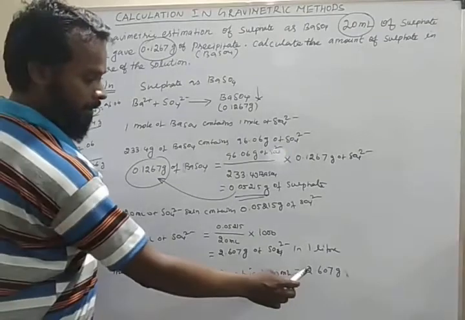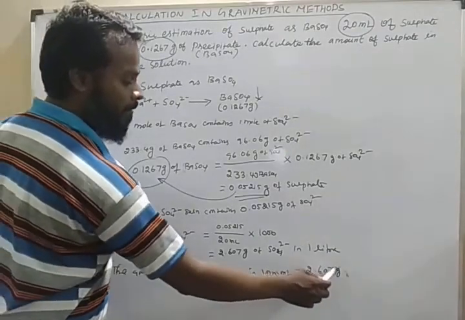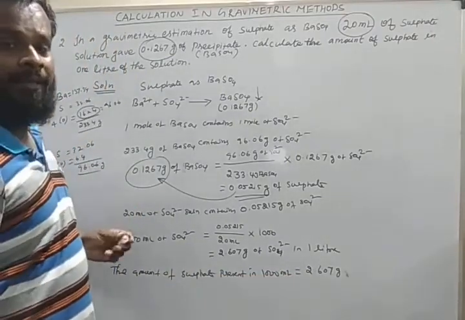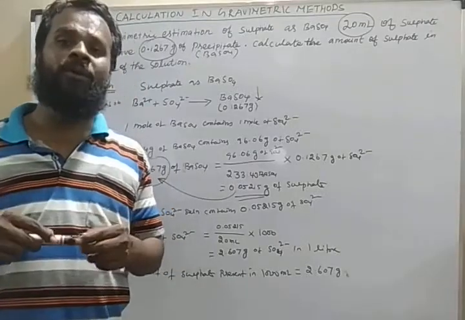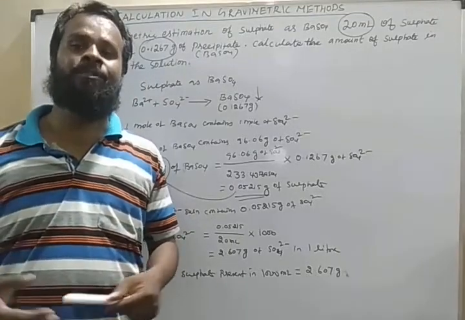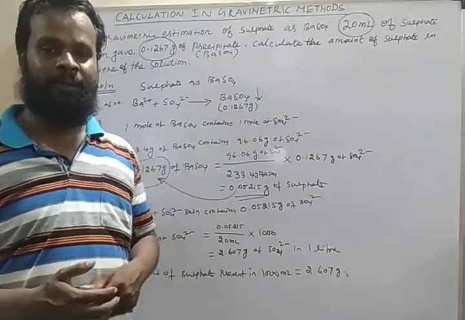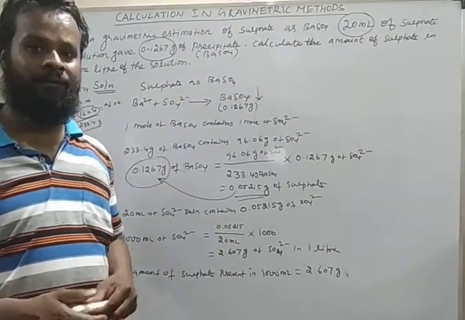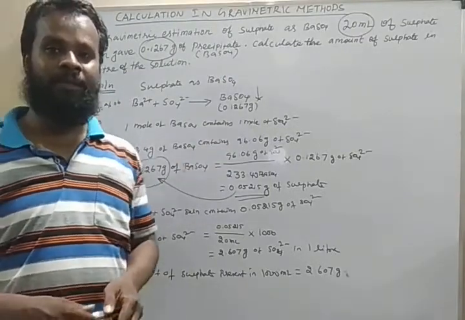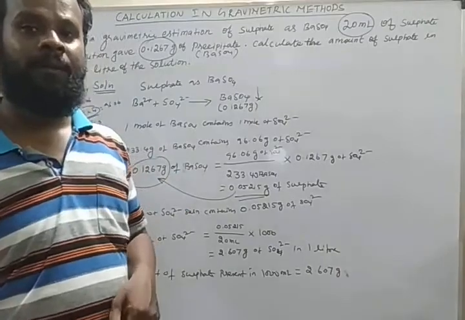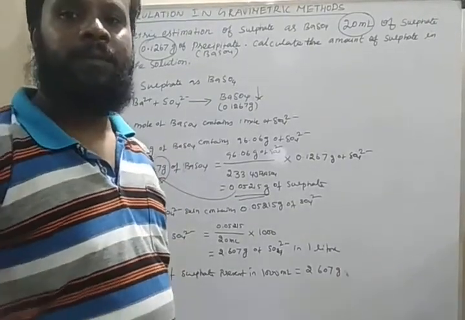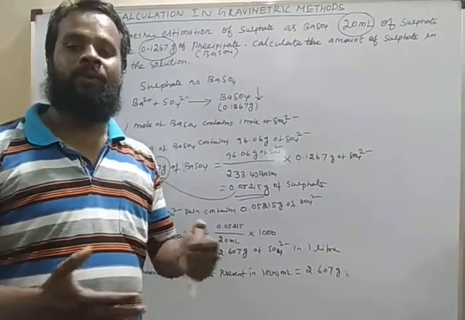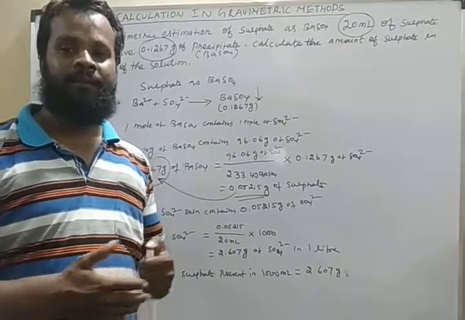That is, here the sulfate present in the 1 liter of solution is equal to 2.607 gram. Like this, we can estimate the amount of the ions or the substance present in the solution by using gravimetric analysis. So this is the calculation part. We have done this calculation part by using problems. So I hope you understood how to calculate the amount of substance present in the solution.